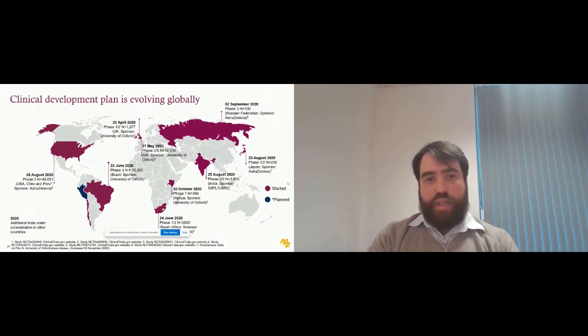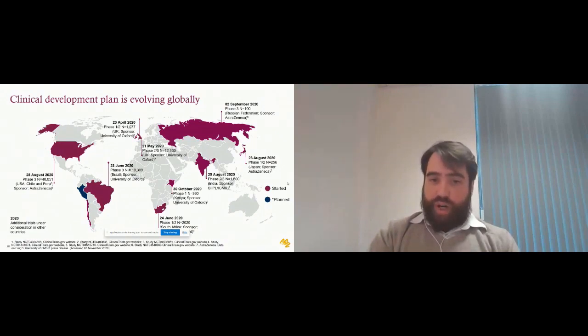These are all Oxford-sponsored studies, which are recruiting more than 20,000 people across those studies. AstraZeneca has quite a few studies ongoing at the moment as well, with studies ongoing in the US, with an estimated recruitment of around 40,000 people, which will include participants in Chile and Peru as well. There are ongoing trials in India, in Japan, and in Russia as well.